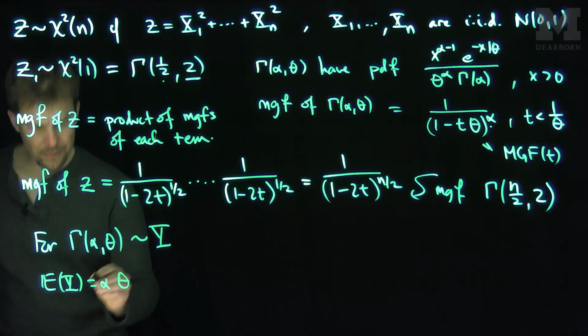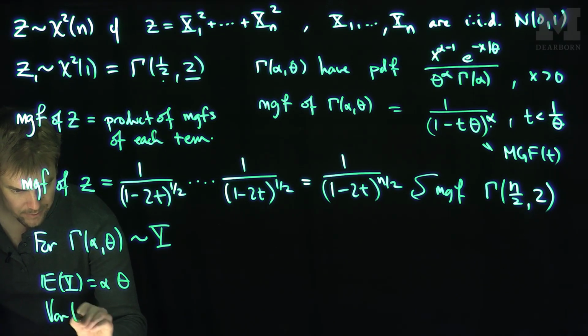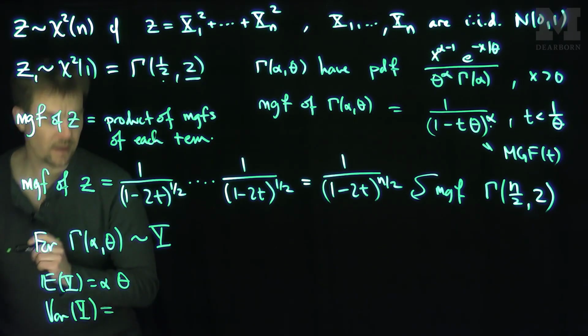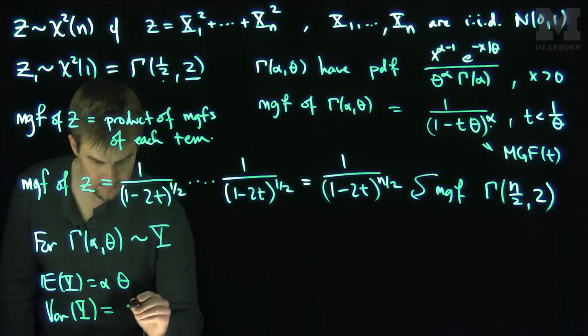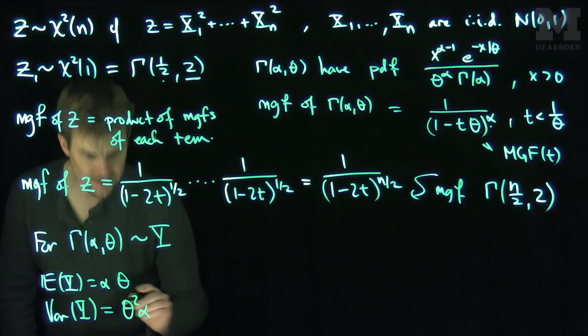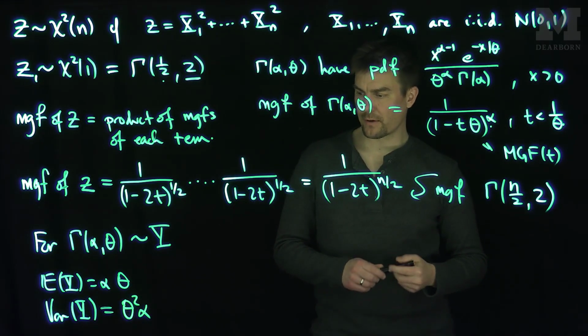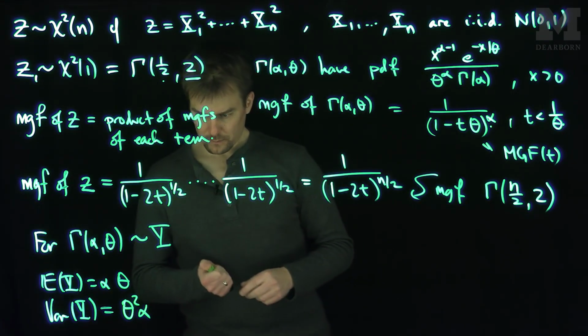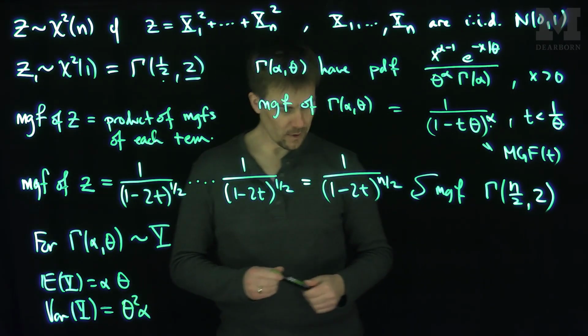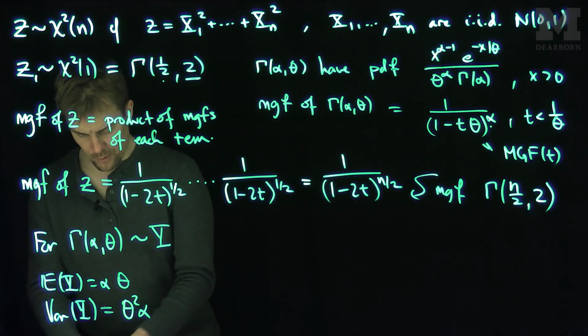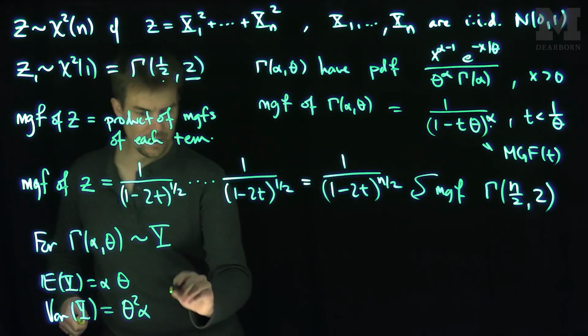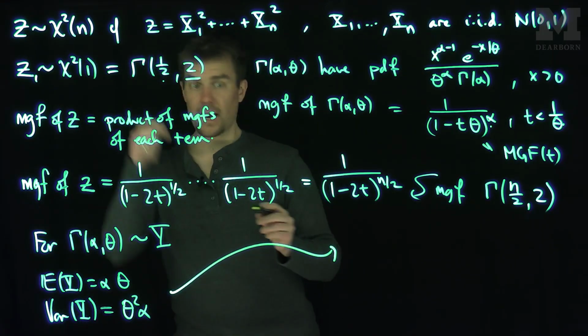And then we know that the variance of Y, from properties of the gamma distribution, is theta squared times alpha. Good. So now we can translate these properties to the chi-squared.